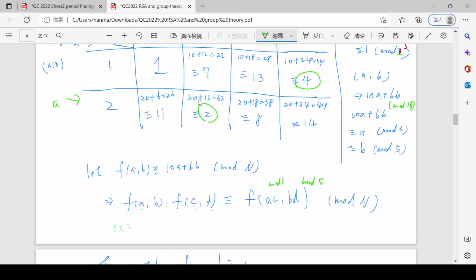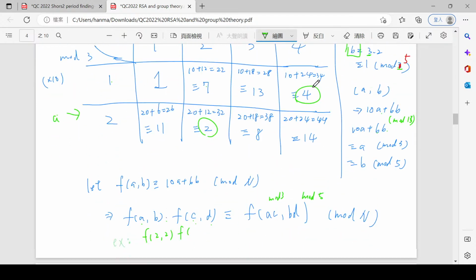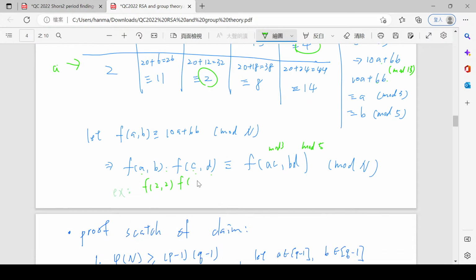We have AB equal to 2, 2, and then times CD equal to 1, 4. And that should be equal to the quadrant mark. So we predict it is equal to 1 times 2 equals 2, and 2 times 4 equals 8, but 8 minus 5 equals 3.